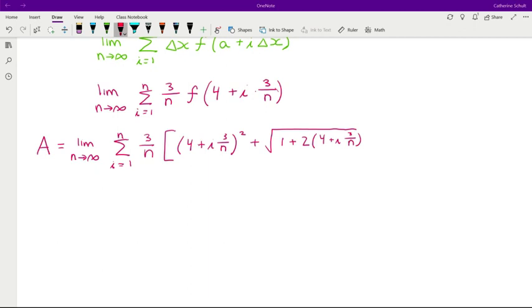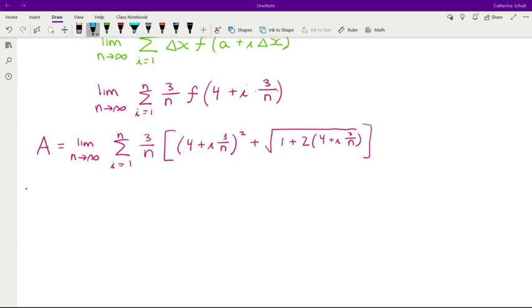Okay, and there you go. And we can leave it like that because they don't really want us to evaluate it. They just wanted us to create an expression for the area. All right, so direct application of the definition.